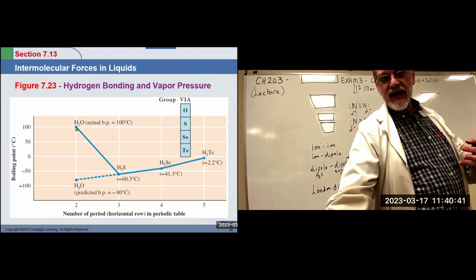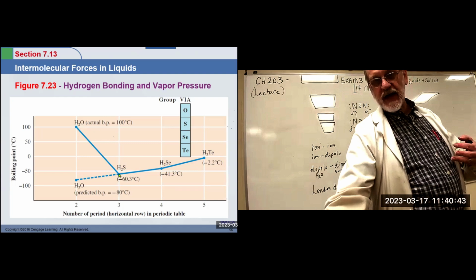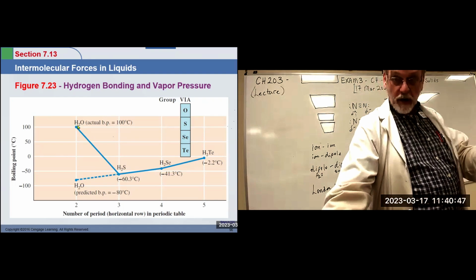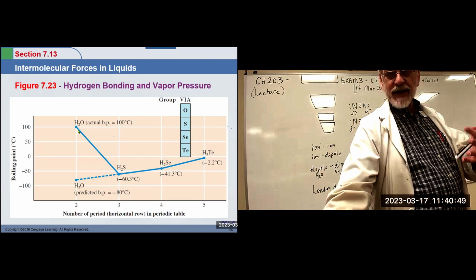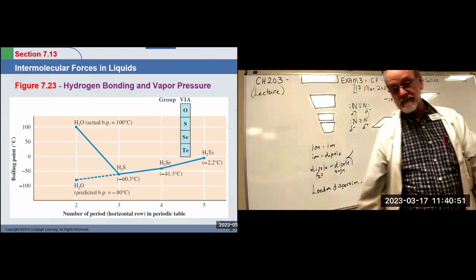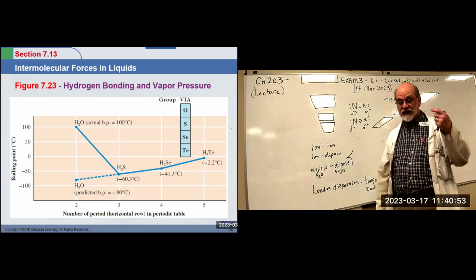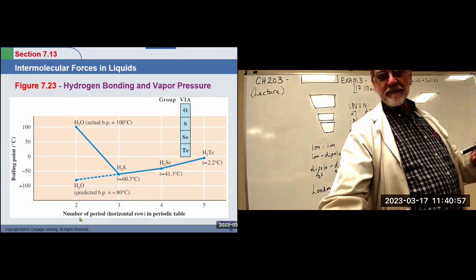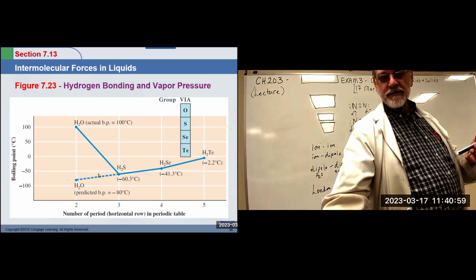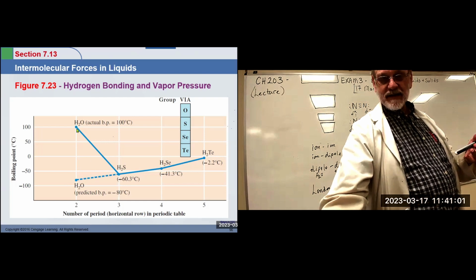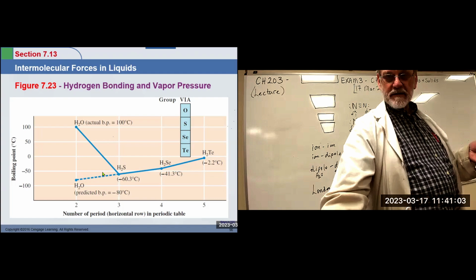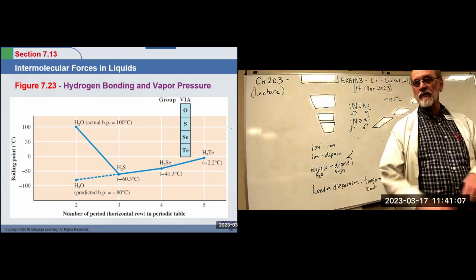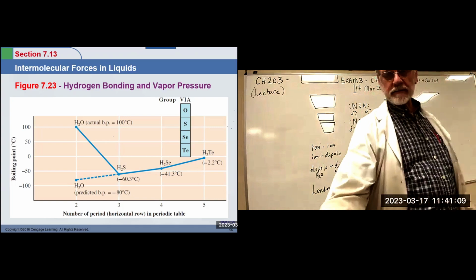And then we get the hydrogen bonding, and that's why this anomaly exists, where water has a very high boiling point. And actually, it's fortunate for us that it does, because this is a water planet. If it were not for this fact, then there would be no liquid water on the surface of the Earth. It would all be evaporated, boiled away.